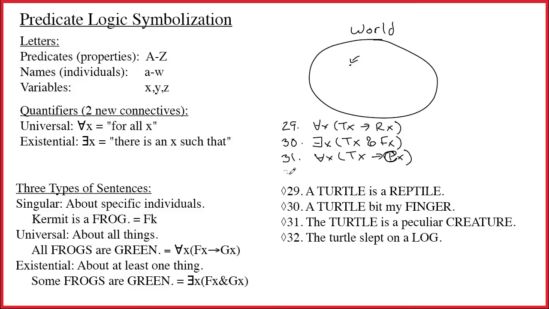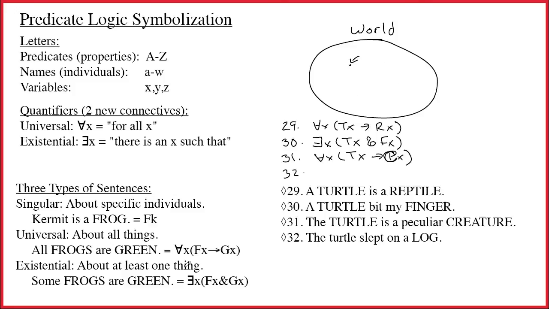And finally, number 32, the turtle slept on a log. Notice the capitalization is kind of giving it away here. This time, I do want to say that this is a singular sentence. The turtle. Notice the difference between a turtle and the turtle. When you say a turtle, that's an indefinite determiner, and it's just saying, well, there was one.